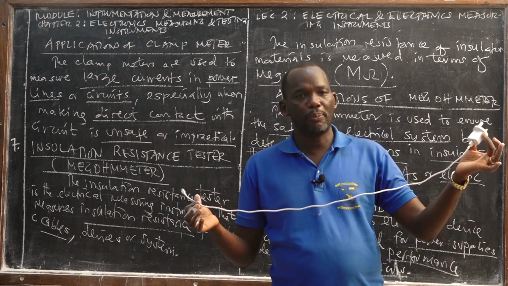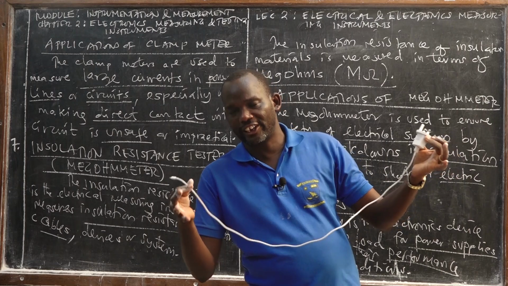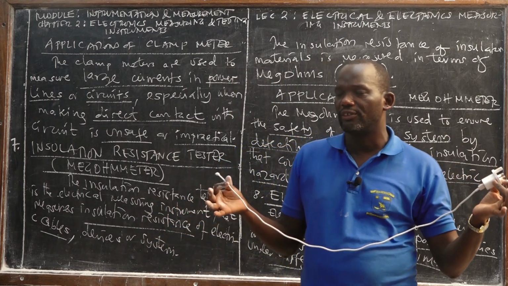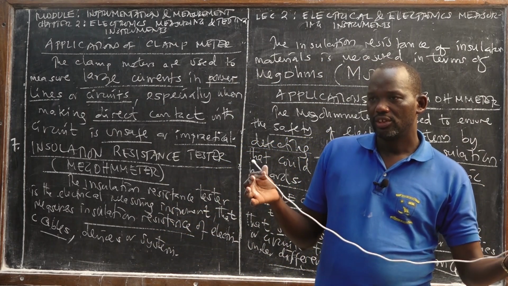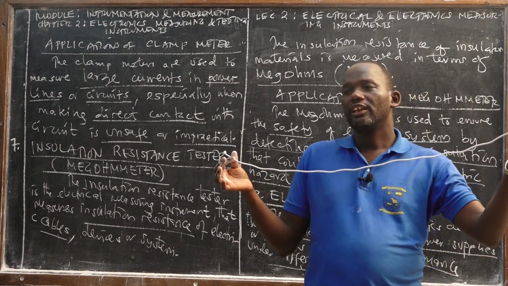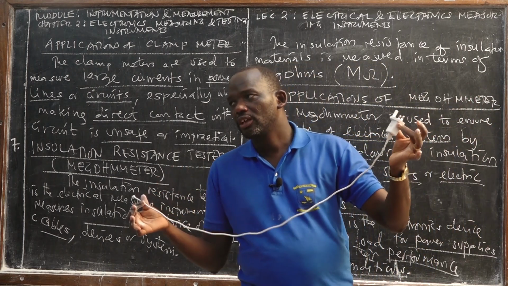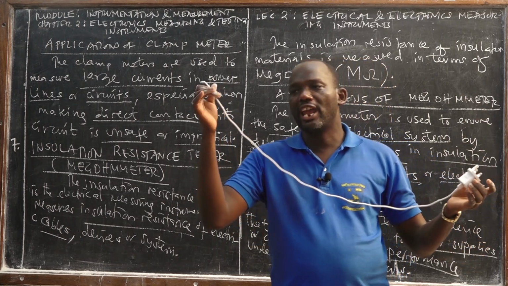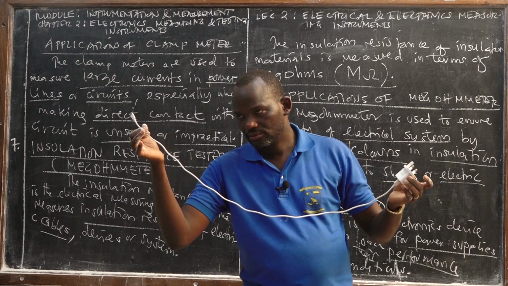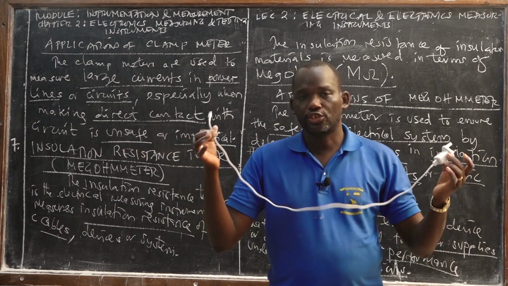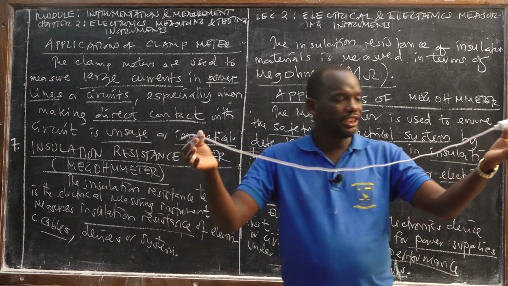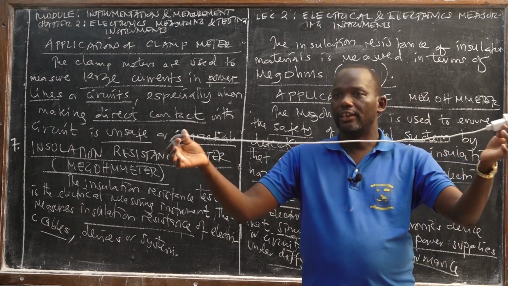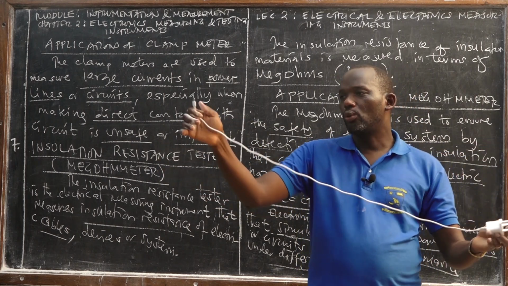Our domestic power in Tanzania ranges from 220 volts up to 240 volts, and this converts it into 5 volts DC. So this is a power supply, from input to output.